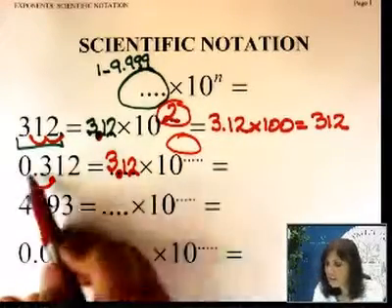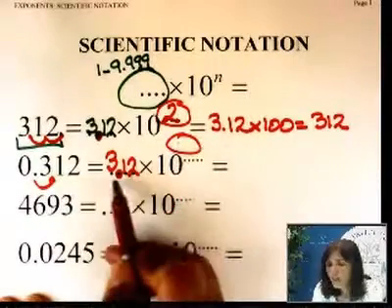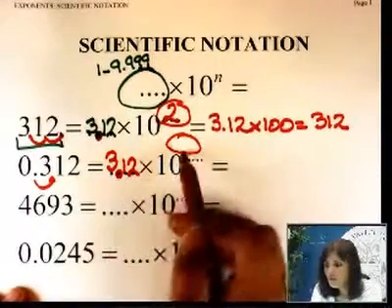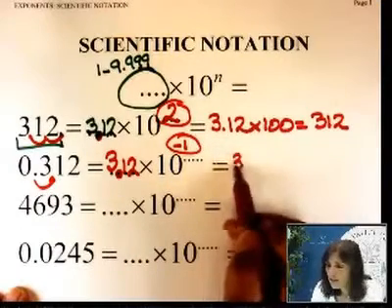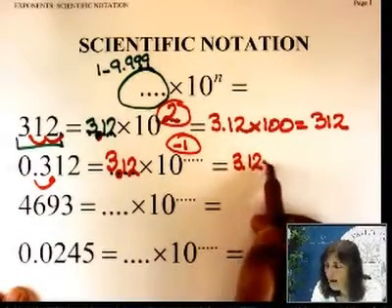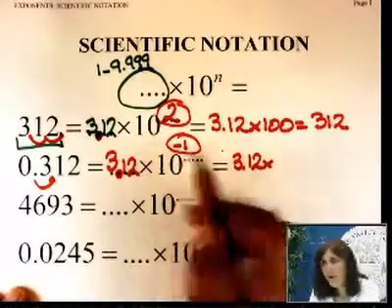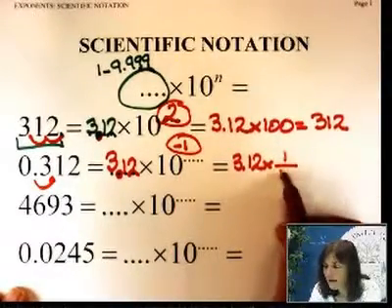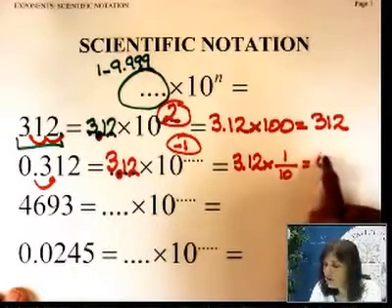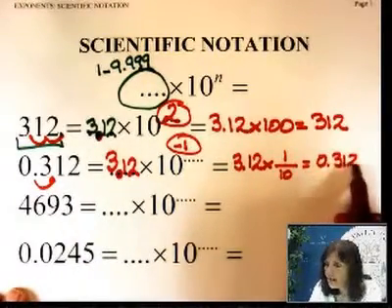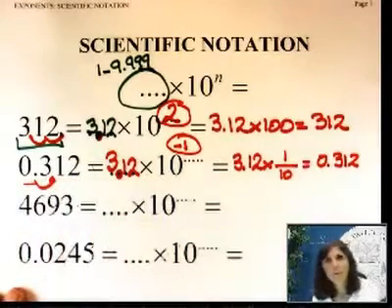And since this number is small, and I moved it 1 decimal, it's going to be negative 1. So what that means is 3.12 times 10 to the negative 1, which means 1 over 10. So I'm taking 3.12 and dividing by 10, which is 0.312, and that happens to be this number.